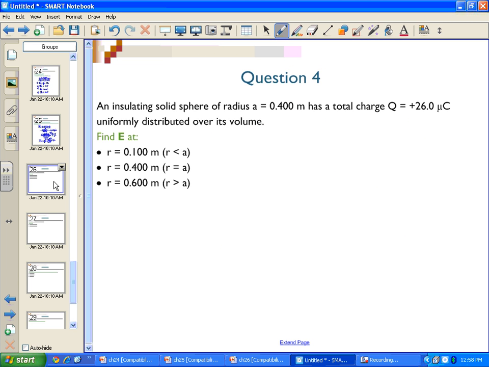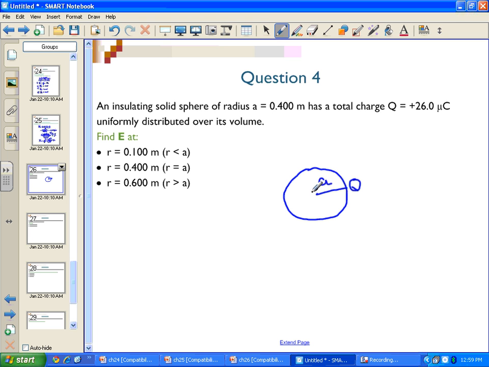Next question. Here we're told that there is an insulating solid sphere of radius A with a total charge Q, which is positive. We're asked to determine the electric field at certain locations.